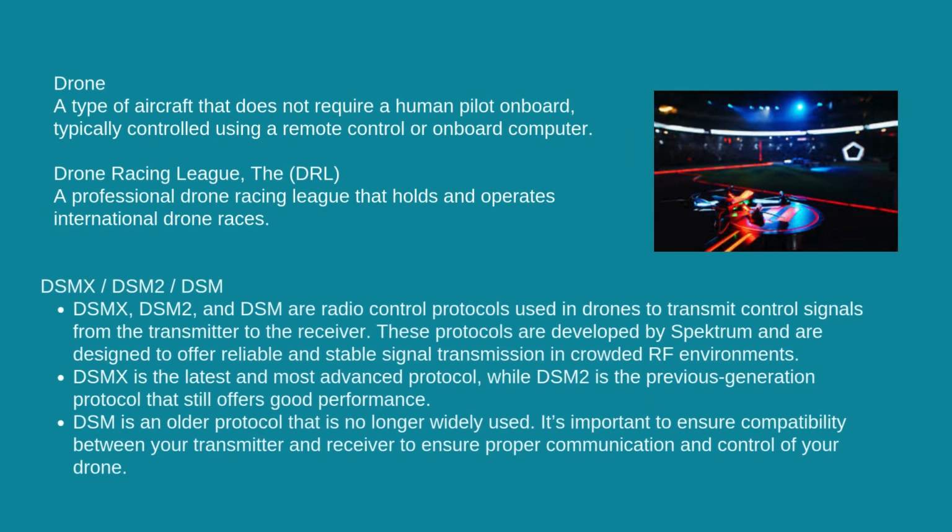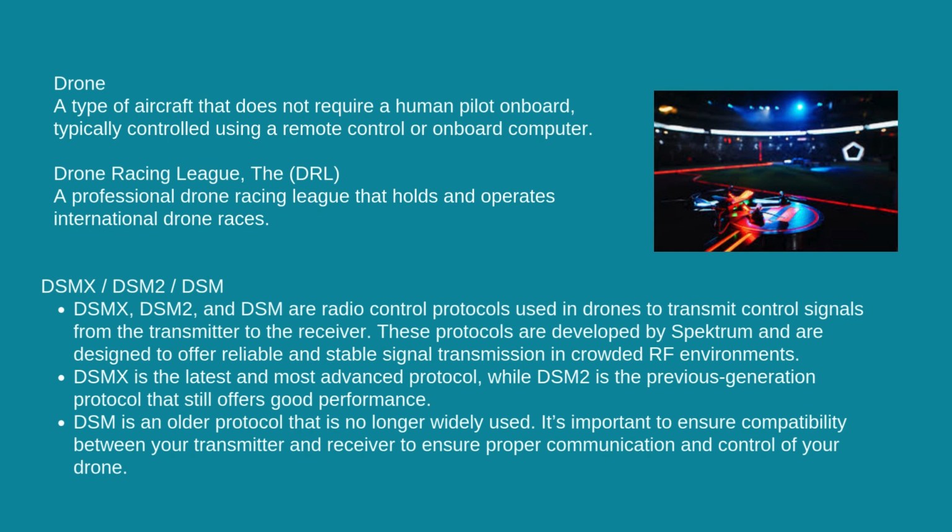Drone: a type of aircraft that does not require a human pilot on board, typically controlled using a remote control or onboard computer. Drone Racing League, the DRL: a professional drone racing league that holds and operates international drone races. DSMX, DSM2, and DSM are radio control protocols used in drones to transmit control signals from the transmitter to the receiver.